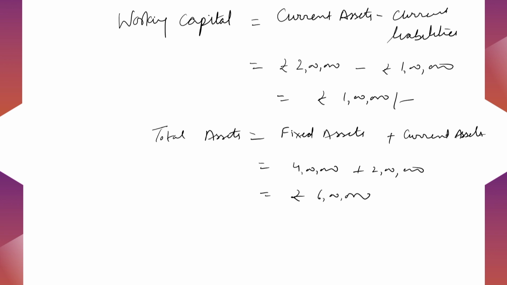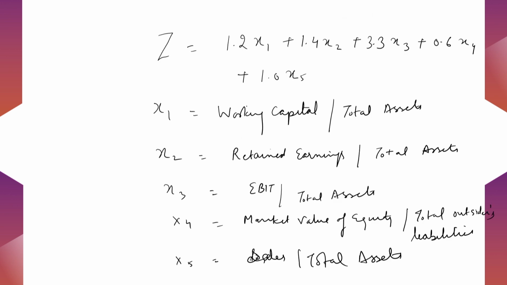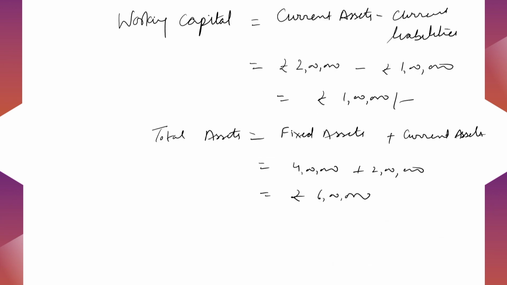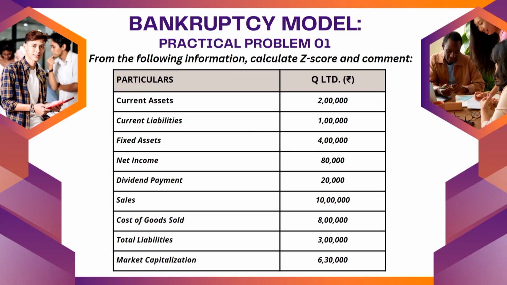Next, we need the computation of retained earnings. Retained earnings we will compute from net income, which is given as 80,000, and out of that we paid a dividend of rupees 20,000.